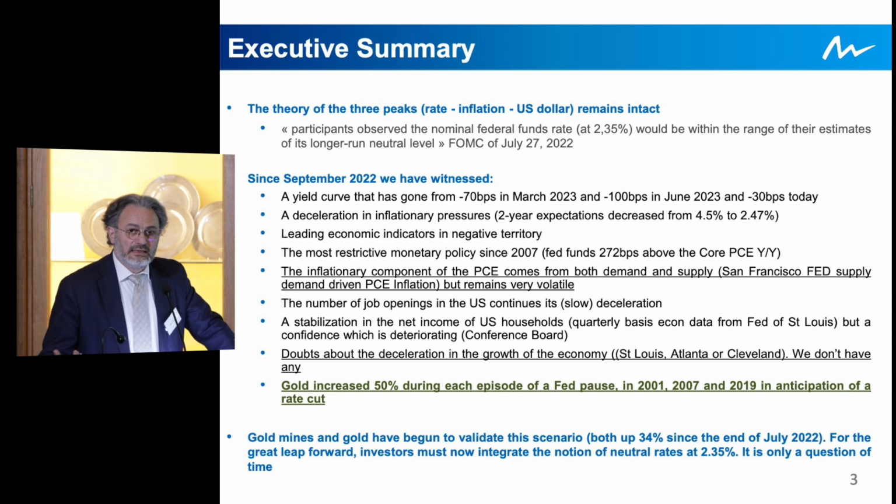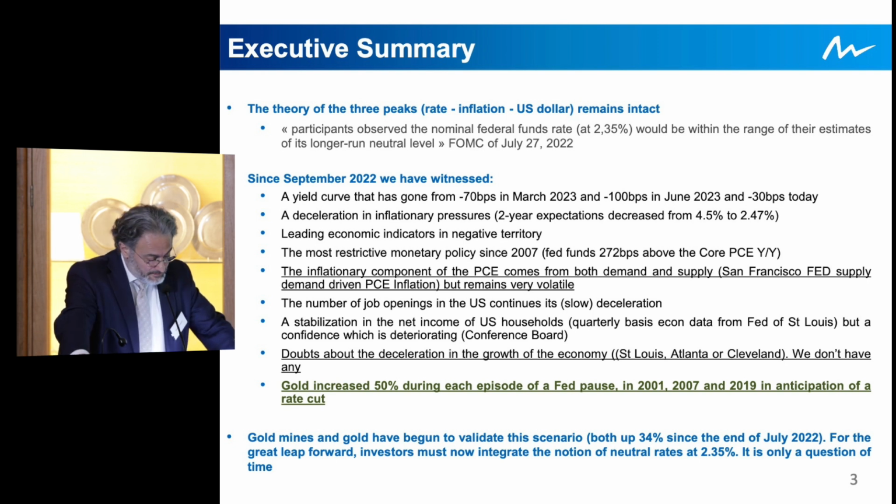And you want to see a yield curve reversing because this is a sign of a recession coming. So this is exactly what has happened, and it's on the path for the economy to slow down. Recession or not, we don't know when it's going to happen, but it will happen.